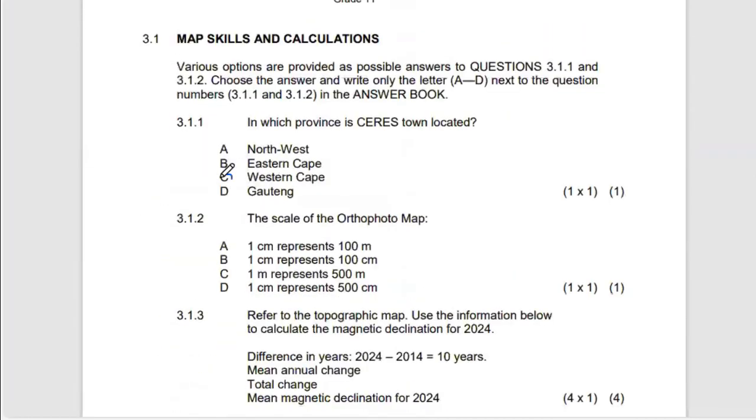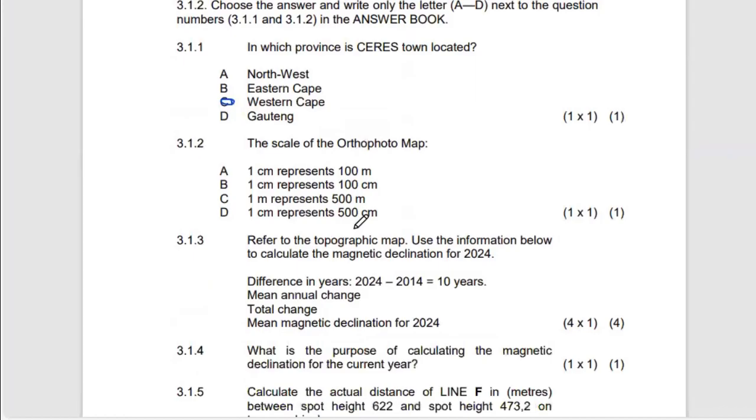The scale of the orthophoto map, we must always know that the scale of the orthophoto map is 1:10,000. The orthophoto is always drawn to the scale of 1:10,000.